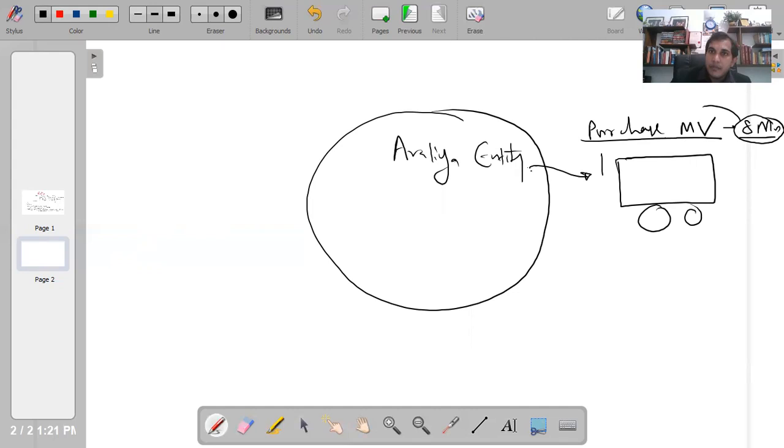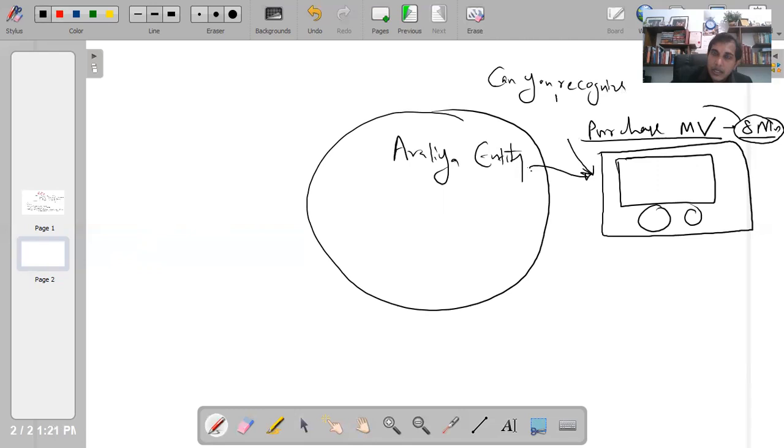Now this particular motor vehicle can be used within a very short period of time, maybe 1 or 2 days, by the firm. So can you identify this motor vehicle as a qualifying asset?